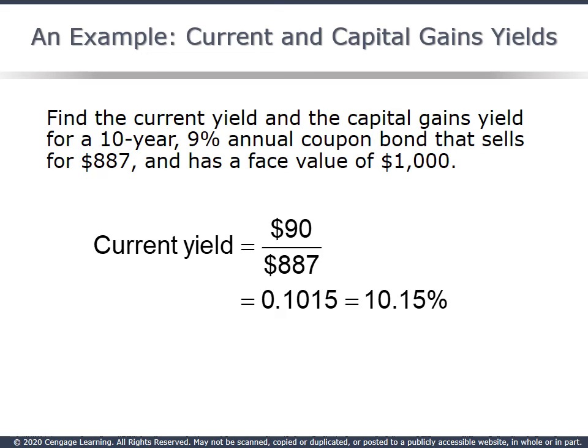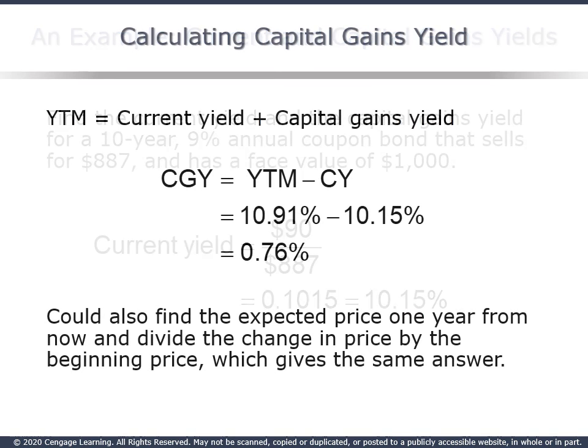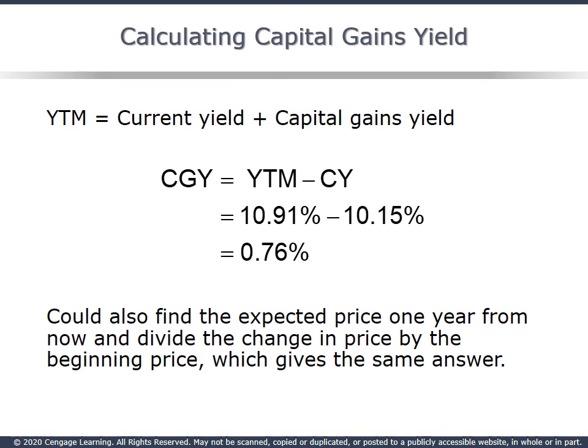Its current yield is $90 divided by its current price. So its annual coupon divided by its current price, in this case, its current yield is 10.15%.